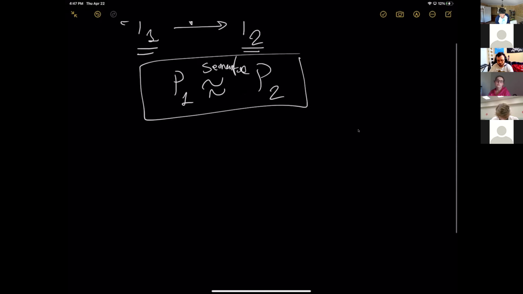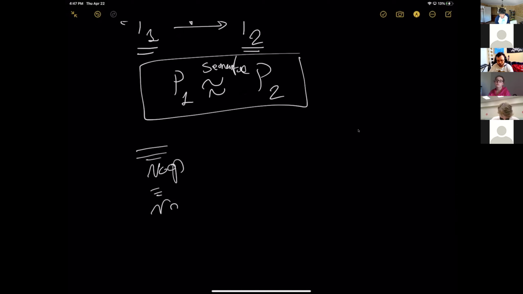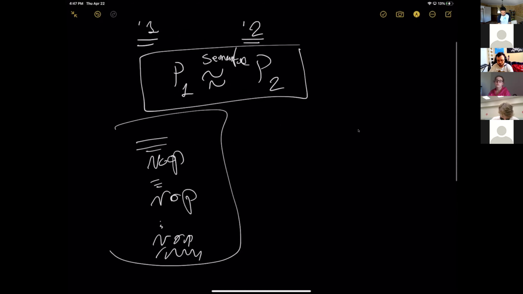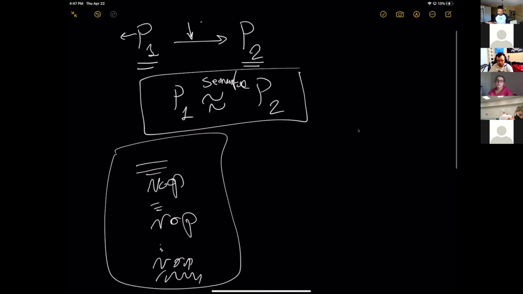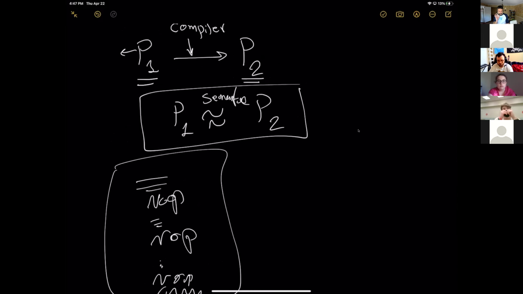So if you have some instruction, you may want to add no-op, and this would be the same as the original program that you have written. So this is one of the changes in a program that preserves the semantic, okay? Because this is important to understand.